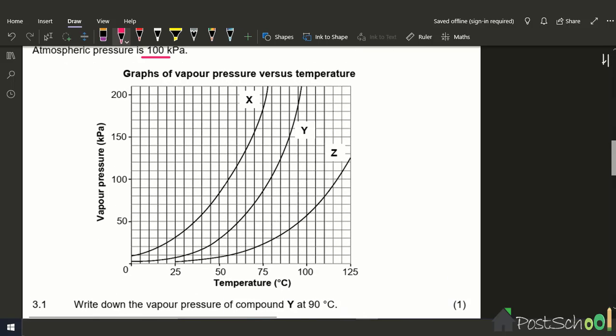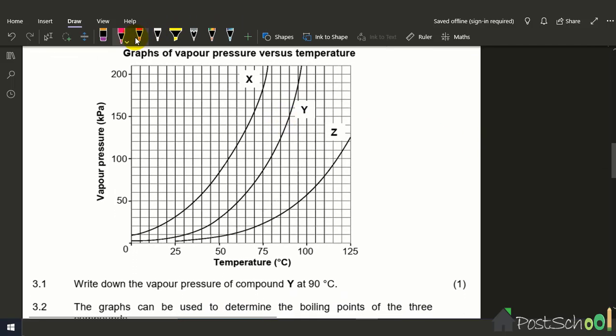Write down the vapor pressure of Y. Check Y, this is temperature along vapor pressure of Y. Its vapor pressure at 90 degrees is 150 kilopascals.